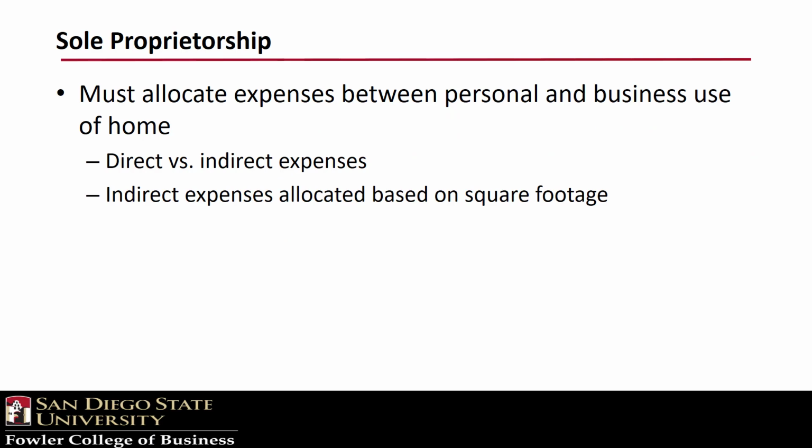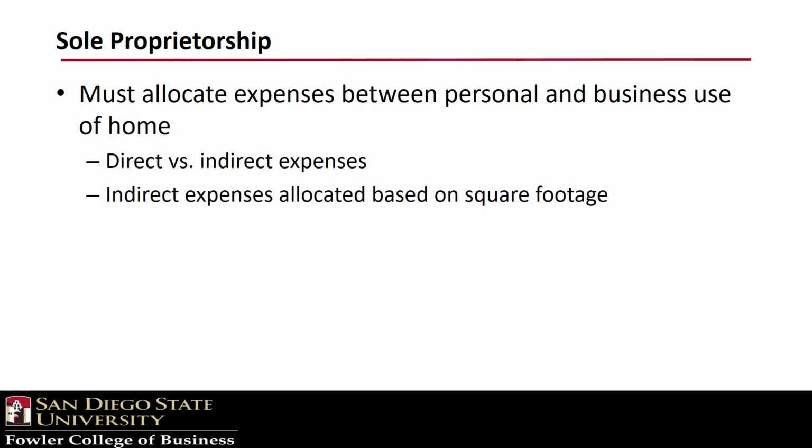Once a taxpayer is eligible for the home office deduction, now they're going to have to determine the amount of the deduction. So direct expenses are charged 100% to the home office deduction. So for example, if repairs are required to the space that's used only as a home office, those repairs are a direct cost of that office. Contrast direct costs with indirect costs, which must be allocated.